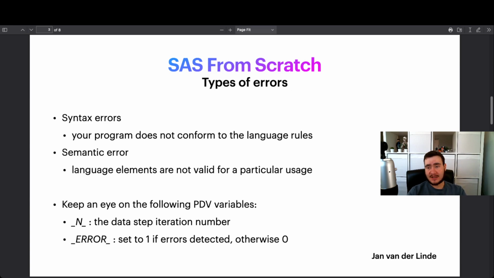The second type of error we're going to be looking at is semantic errors. These are errors that don't throw a spanner into the works at compile time or interpreting time. They essentially crop up during runtime. If you've made, for example, a logical error, maybe you used a plus instead of a comma to separate certain things.